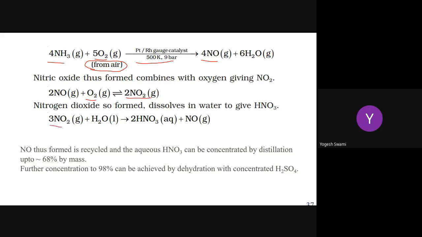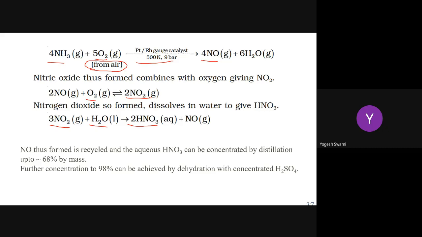Now this NO2 reacts with water and is converted to HNO3. This whole process is known as the Ostwald process for the formation of nitric acid. The nitric acid obtained by this process is concentrated up to 68% by mass by distillation.